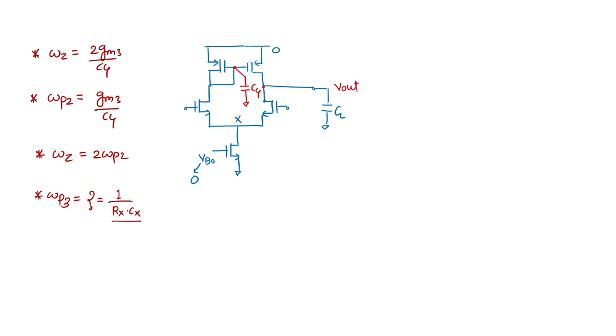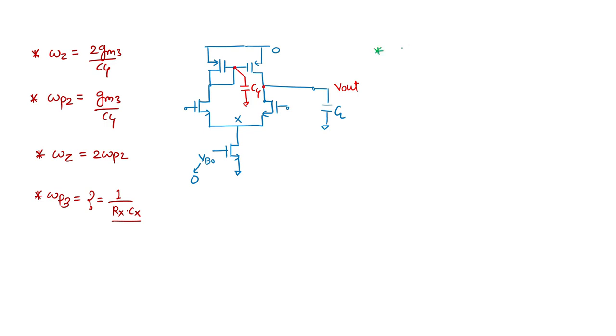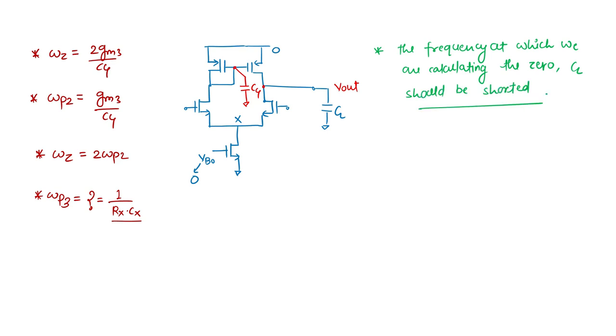The frequency at which we are calculating the zero, CL should be shorted. Intentionally we are trying to short the output, but from this viewpoint of CL being shorted, our output is already 0. So Vout is 0 at that frequency.